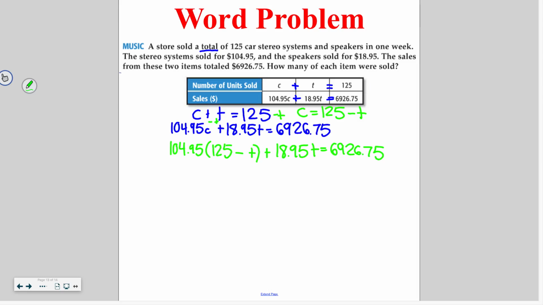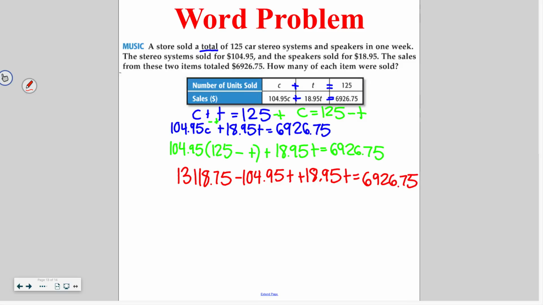Alright, so now we need to use our distributive property, and when I do that, I get 13,118.75 minus 104.95t plus 18.95t is equal to 6,926.75. So then I'm going to want to go ahead and combine my variables.